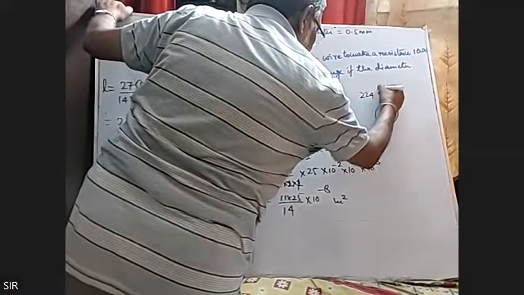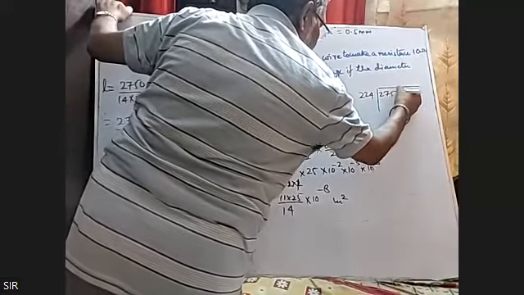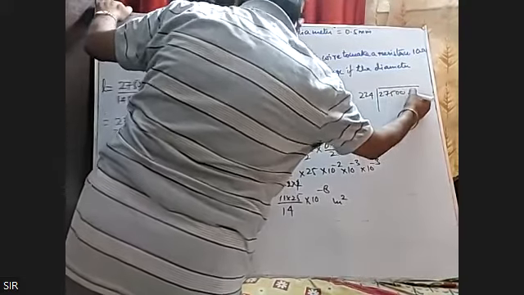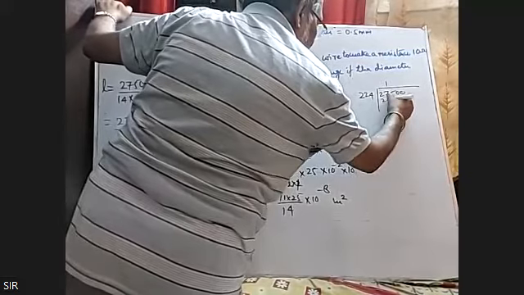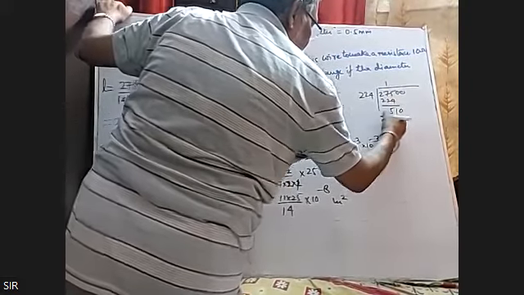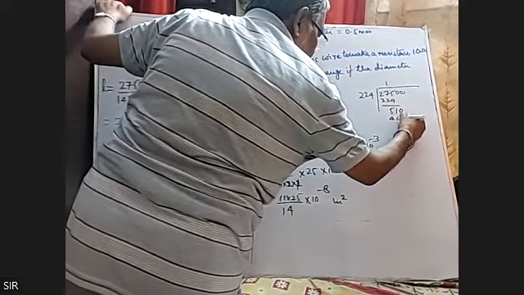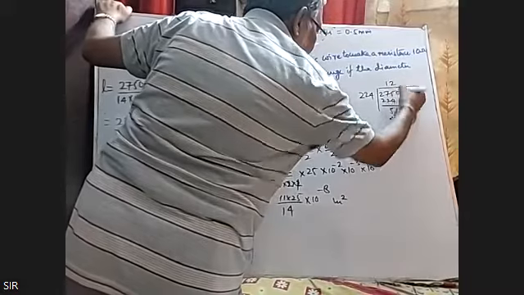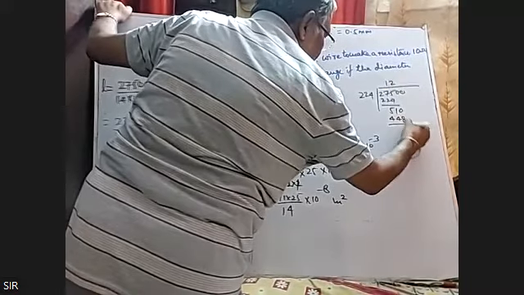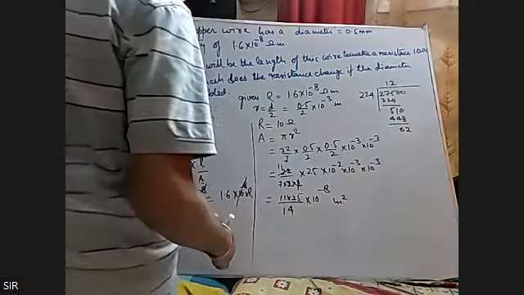224, 27500. 224, 150, 448. 10 minus 4 is 6, 620.